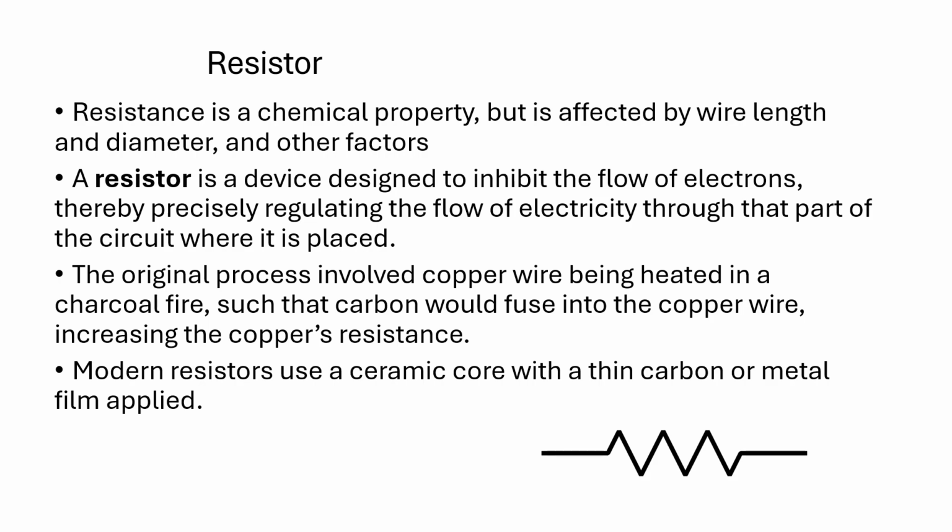Then it will have a full valence shell and a -4 charge, and it will start resisting more electrons coming through. So the more carbon you infuse, the less the conductivity of that section of wire.